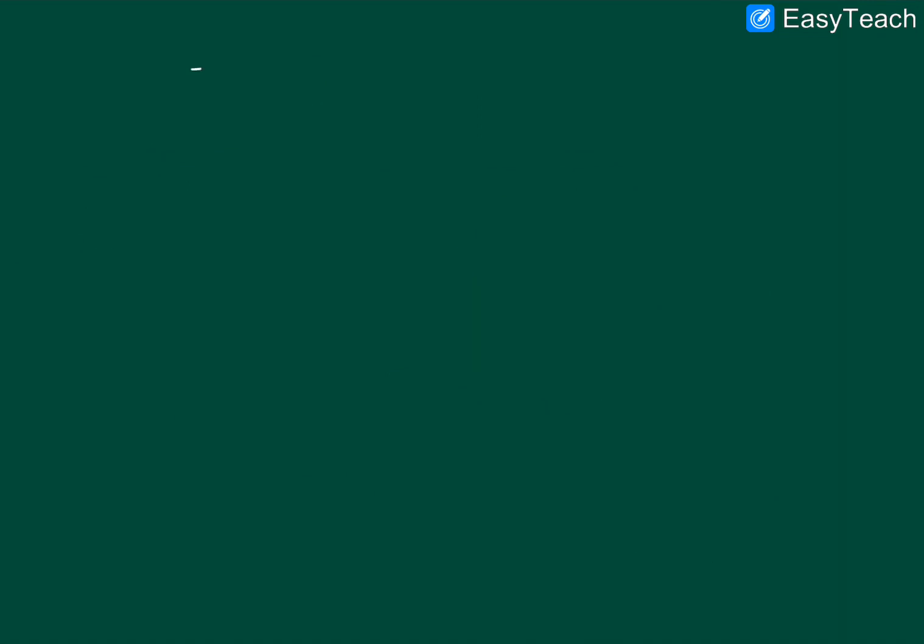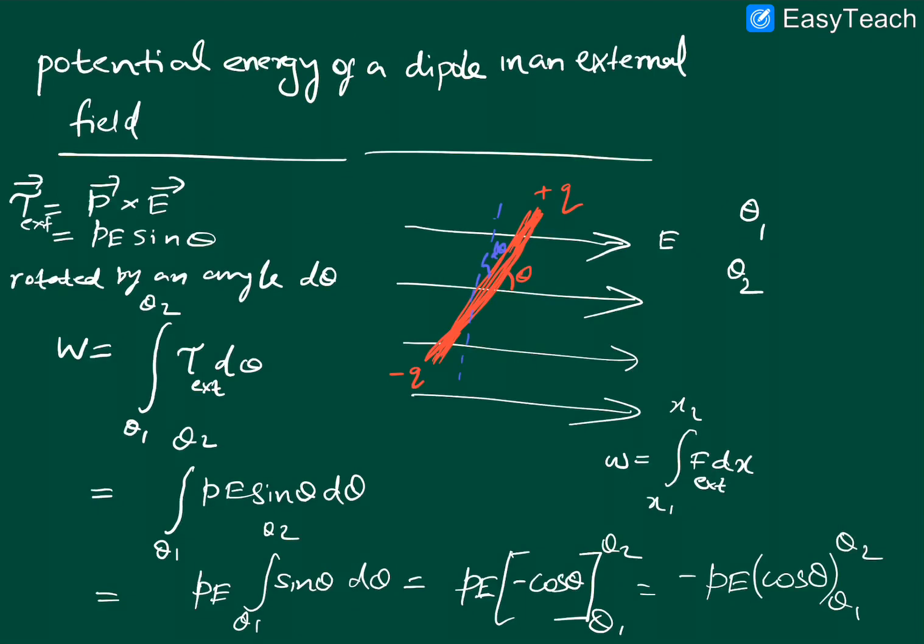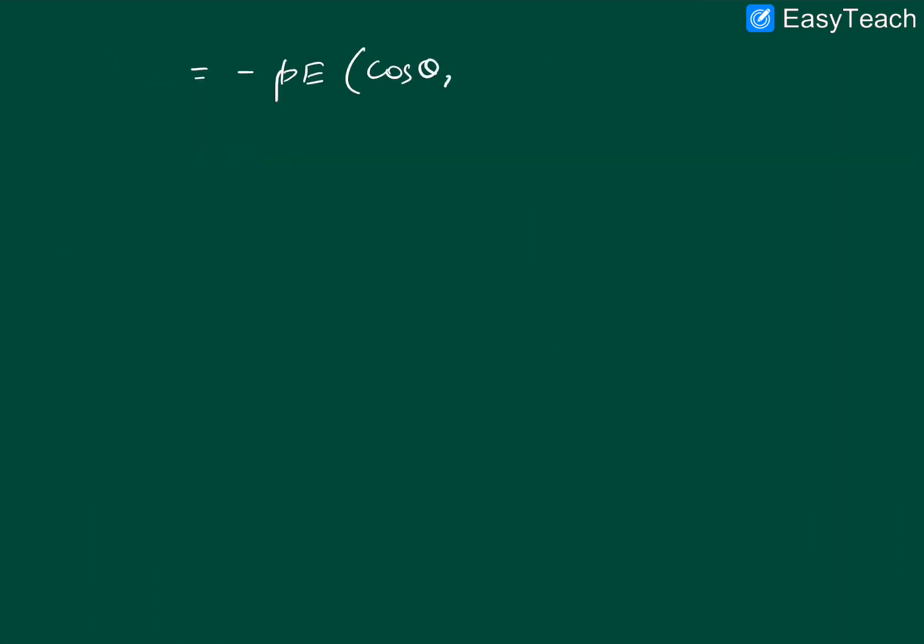Now let us give the limits. Minus pE into cos theta with limits theta 2 and theta 1, so upper limit minus lower limit: cos theta 2 minus cos theta 1. Since there is a negative sign here, you can rearrange it by taking the negative inside, then the bracket term will reverse: cos theta 1 minus cos theta 2.